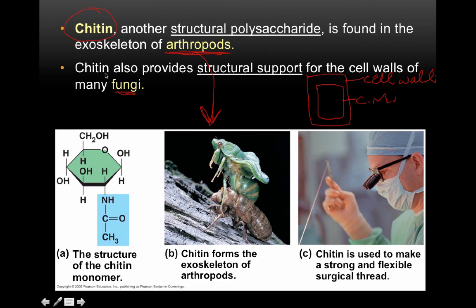So chitin is a structural or protective polysaccharide that is used by different organisms. Chitin is also used to make a strong and flexible surgical thread, as shown in the photograph to the right. The monomers that are assembled into chitin are shown here on the left. Here's one of the monomers. This is N-acetylglucosamine, a little different from the glucose monomer we looked at previously.